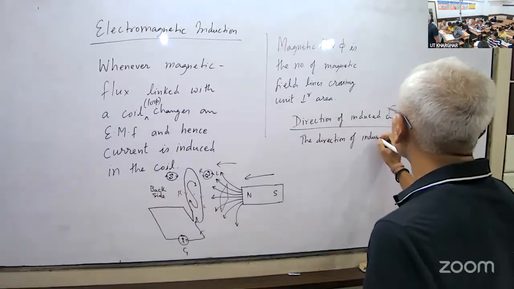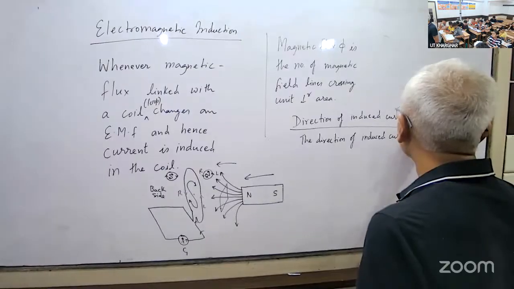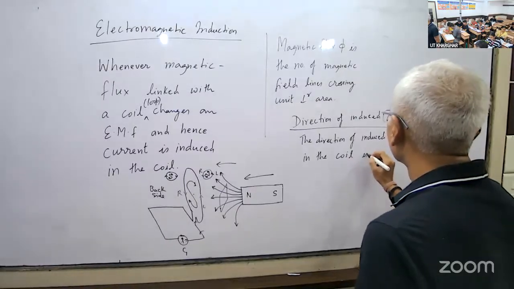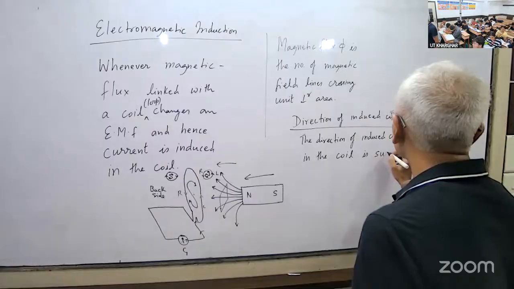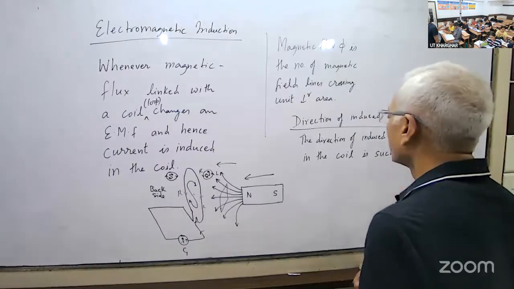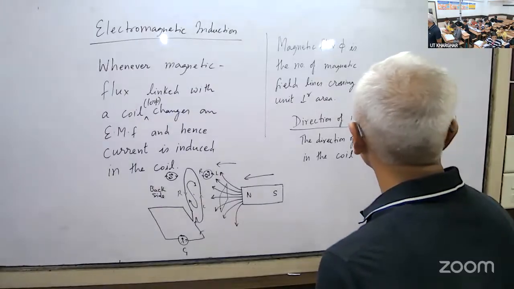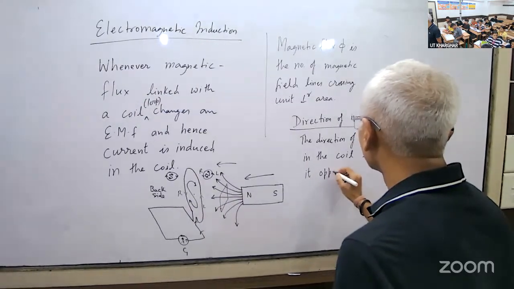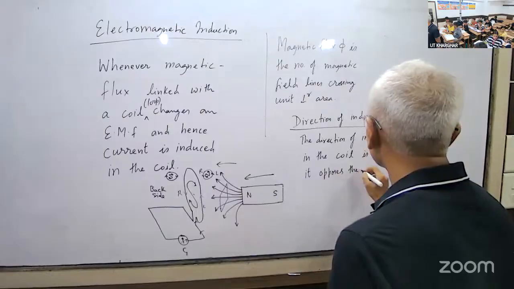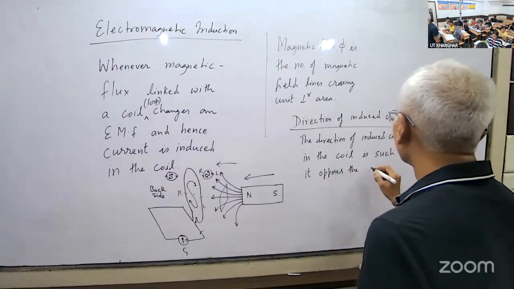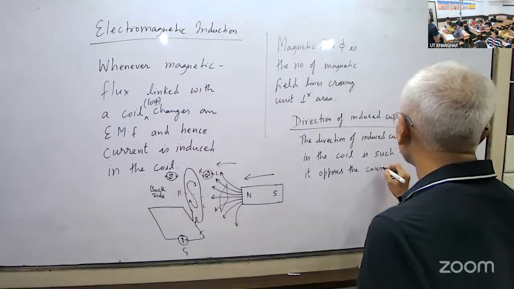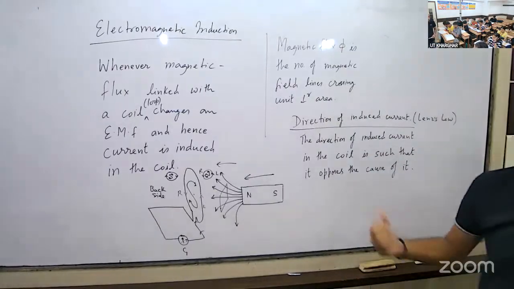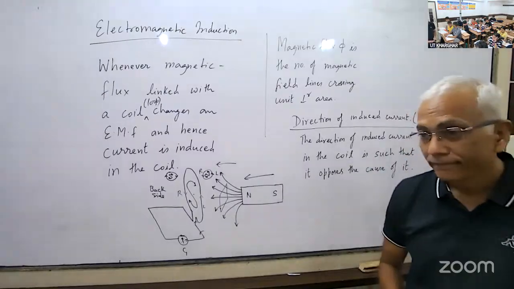The direction of induced current in the coil is such that it opposes the cause. Does it make sense?